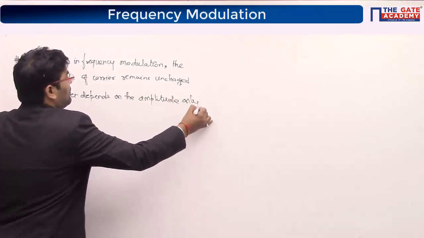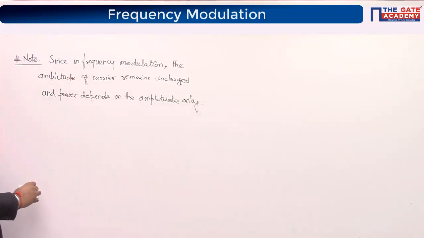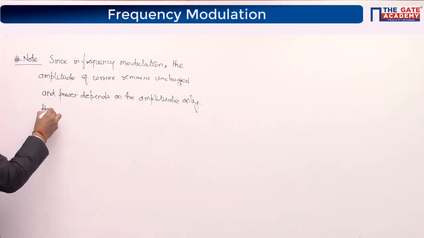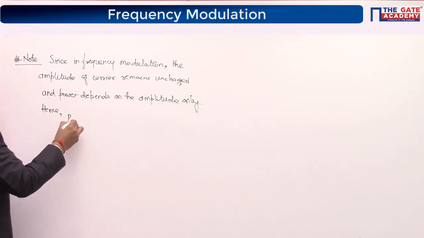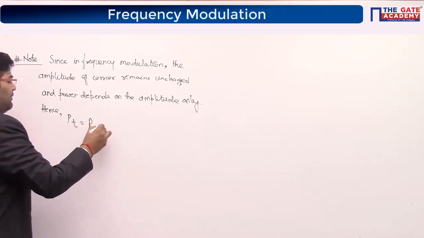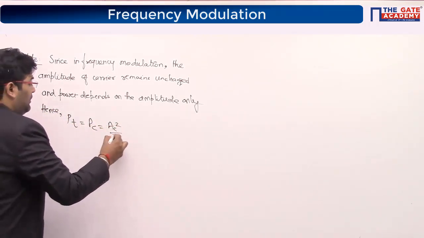Power depends on the amplitude only. Hence, total power is equal to carrier power, equal to AC square by 2R.